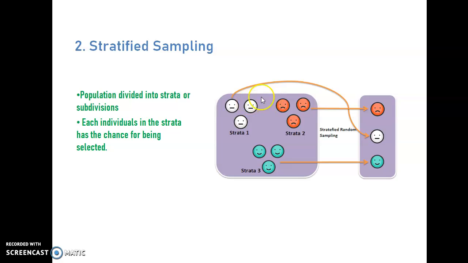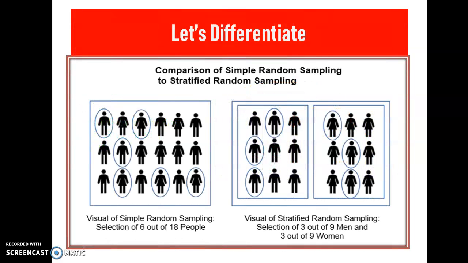And we are randomly selecting certain individuals from strata 1, strata 2 and strata 3. And this will represent the sample. Here each individual in a stratum has an equal chance. Not all individuals, but certain individuals from each stratum have a chance of being selected. This is called stratified sampling.